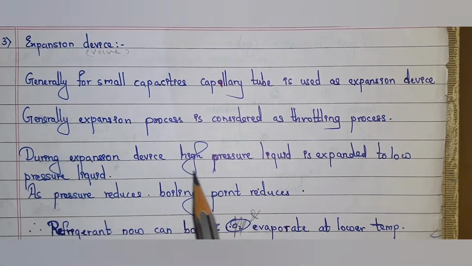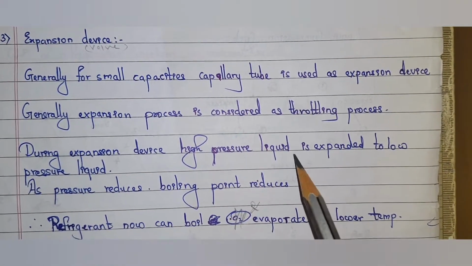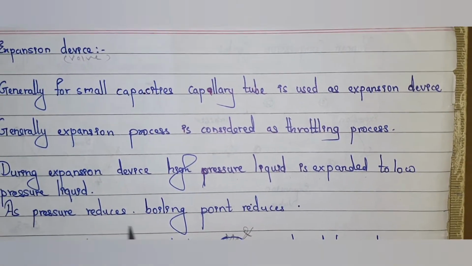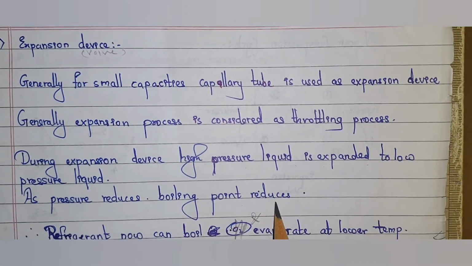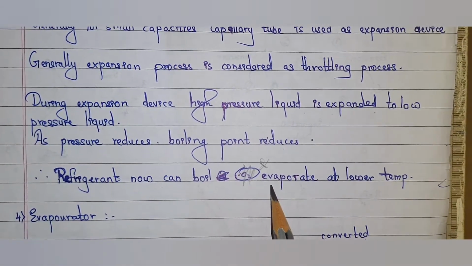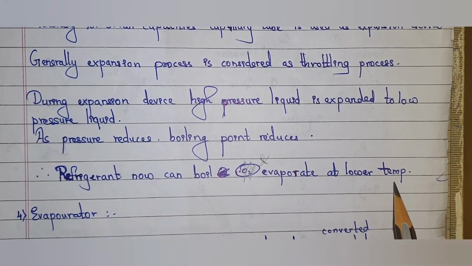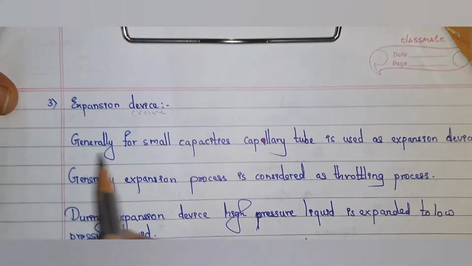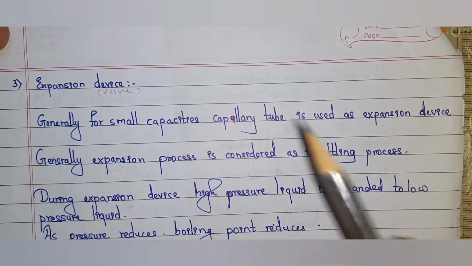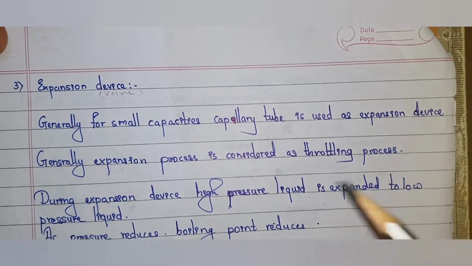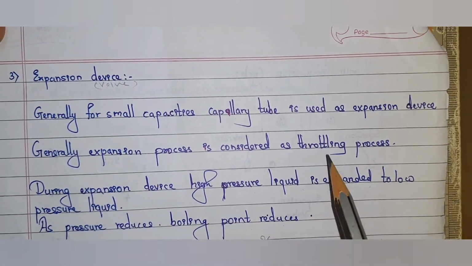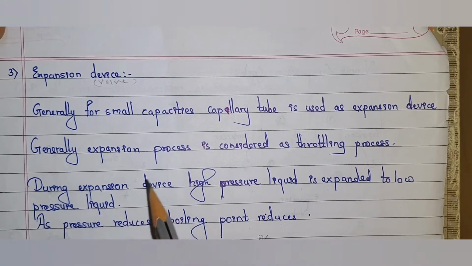During expansion, high pressure liquid is expanded to low pressure liquid. As the pressure reduces, the boiling point also reduces. The refrigerant can now boil and evaporate at low temperatures. So for small capacities, we use capillary tubes for expansion, and this is also called a throttling process.